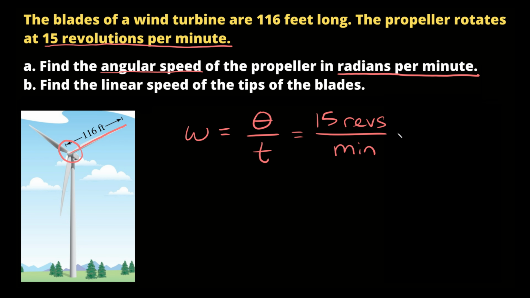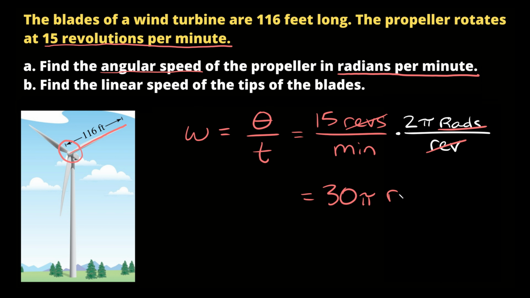So here we're going to multiply by 2 pi radians per revolution. Now, you might notice some units cancel out. The revolutions on top and the bottom cancel out, and then we can simply multiply straight across. On top, we get 15 times 2 pi, so 15 times 2 is 30, so we get 30 pi, and our units on top are radians.